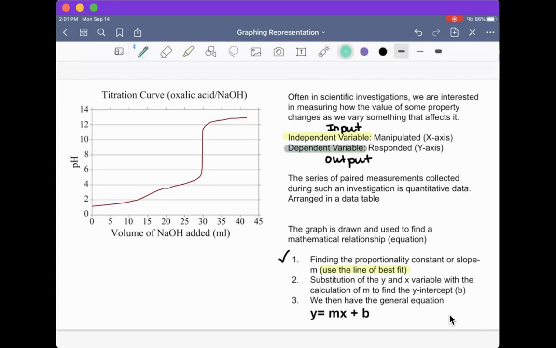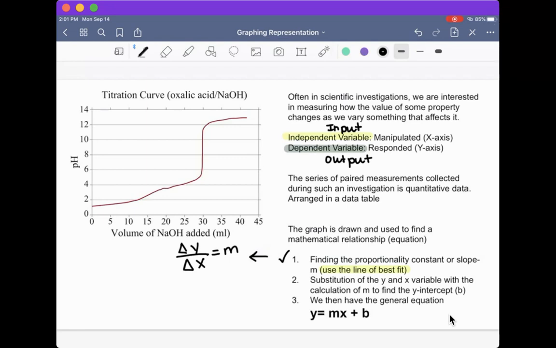The next thing after we draw our line and we get our line of best fit, we are going to find our slope. If you remember, finding slope is when we take the change in y over the change in x, and we get our slope. Okay, so this is y2 minus y1 over x2 minus x1.